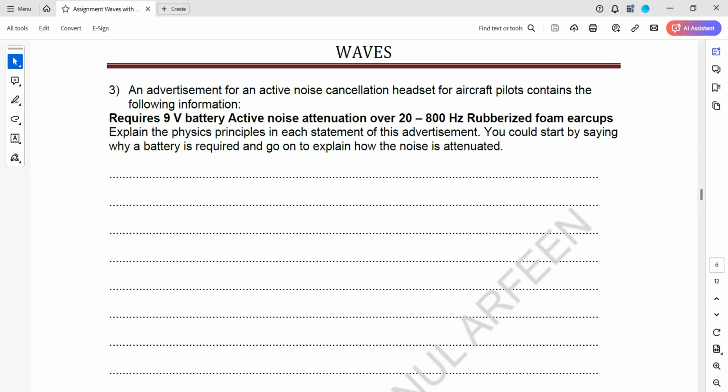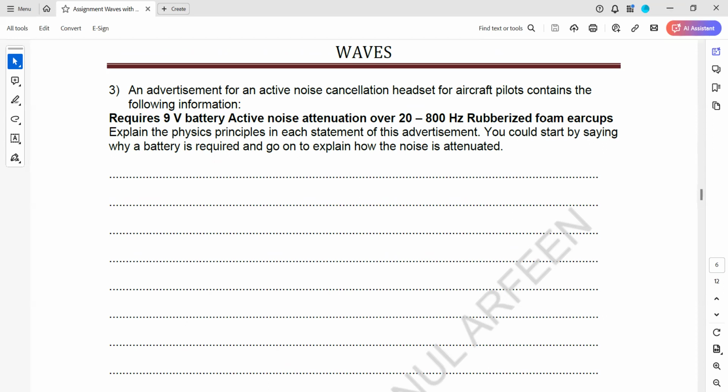The 9-volt battery is there because it means an electrical circuit is connected. It is required for the electrical circuit, for example for a microphone or a speaker, and you can also mention that.